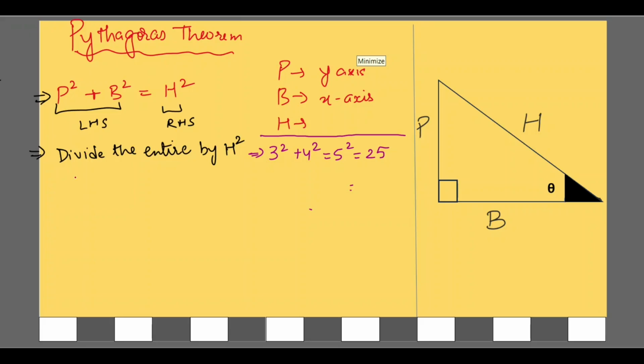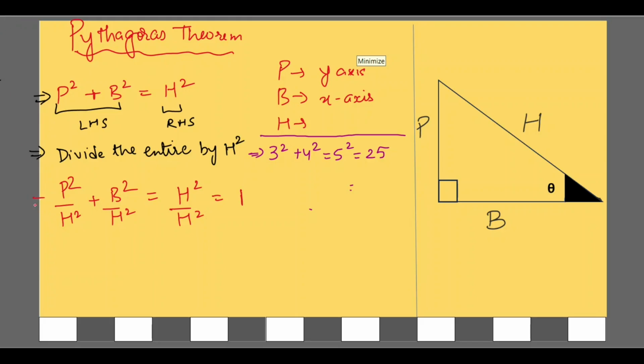This will be p square upon h square plus b square upon h square, which is equal to h square by h square. Remember, any number divided by any number other than 0 will always be 1.